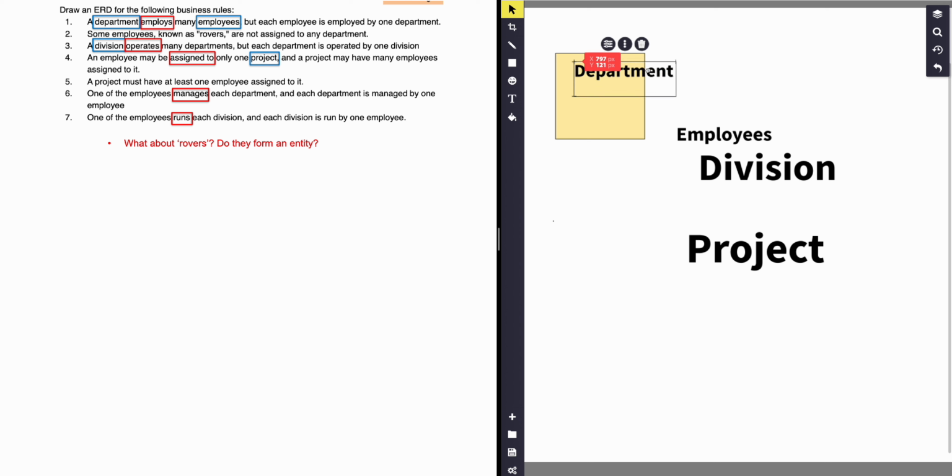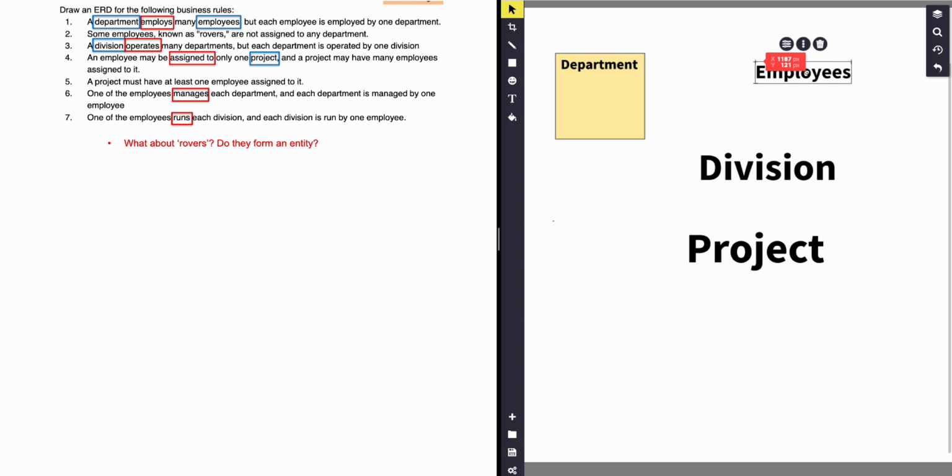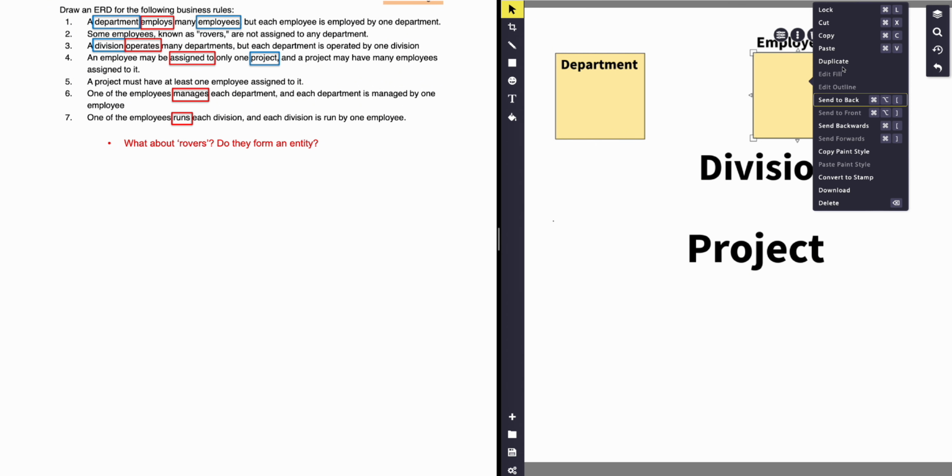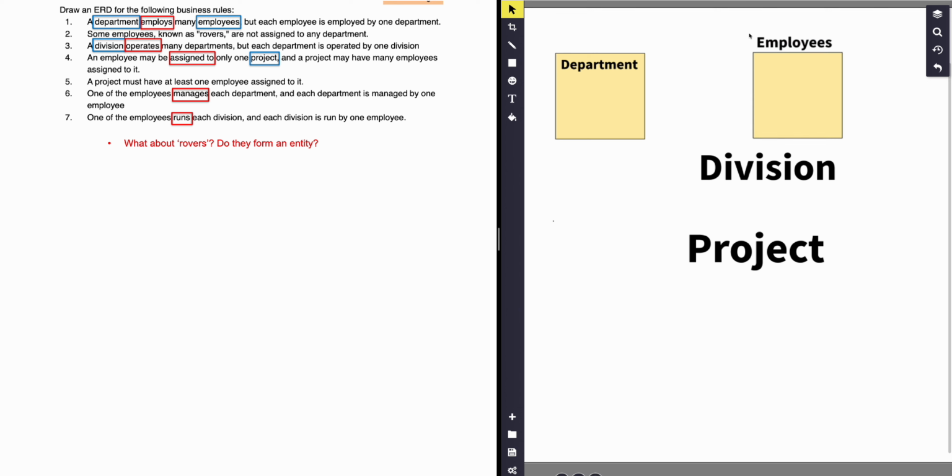So we'll drag our department over here. We'll have our employees. Oh, I don't know what I've done here. Maybe I can send it to back. Perfect. And we've got our division, so I'm going to make this a lot smaller.